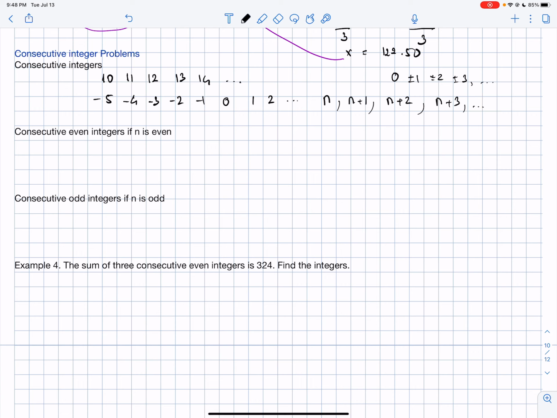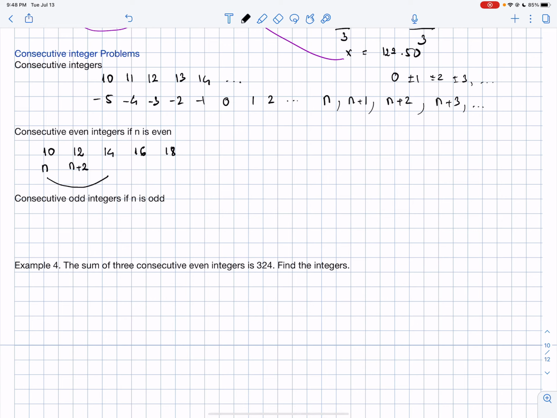Consecutive even integers, if n is an even number. So let's begin the number from, for example, 10. Then the next one has to be 12. We will skip the 11 because 11 is not even. Then 14, then 16, then 18. So if n is 10, then the next one has to be 2 steps away, so n plus 2.